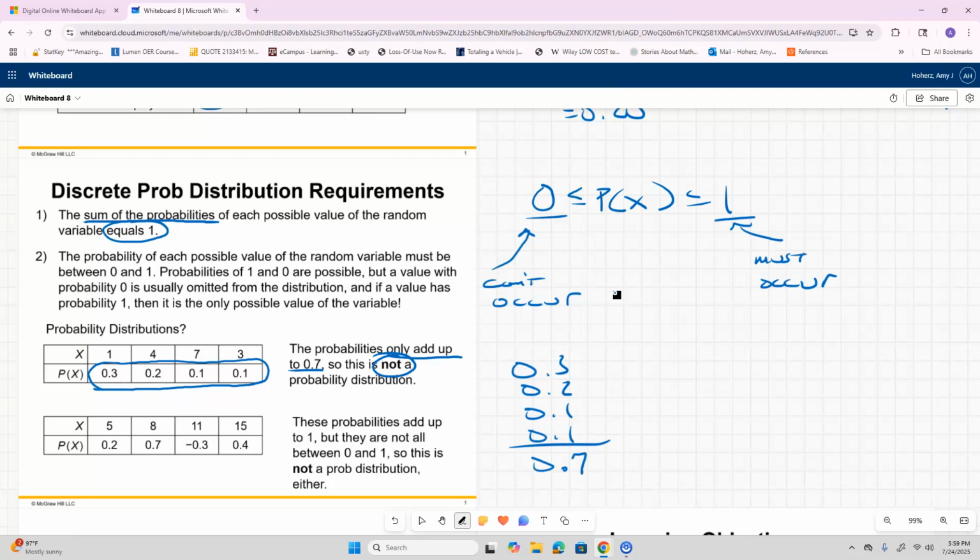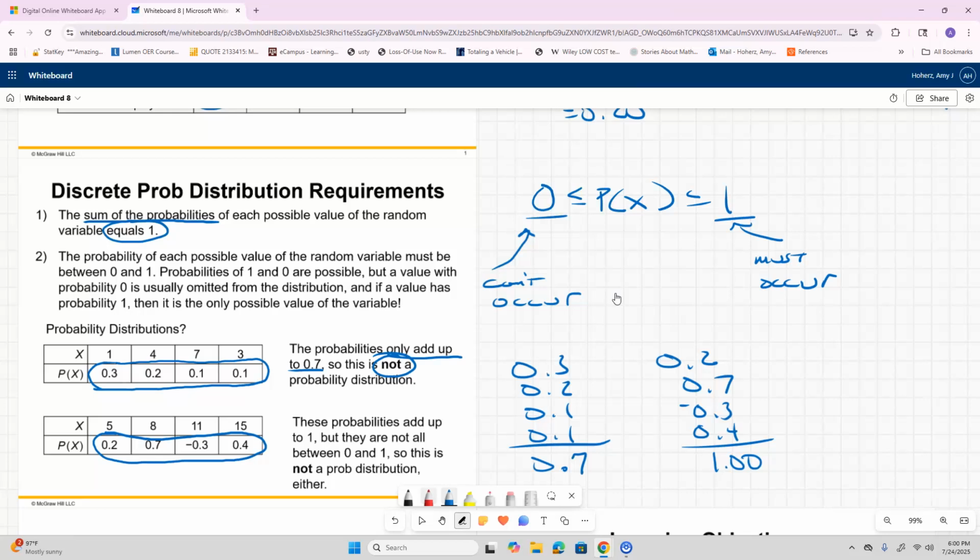On the second one, again, we really don't care about the top. We're really just looking at these bottom numbers. So let's see. 0.2 plus 0.7 plus negative 0.3 plus 0.4. Now you have to be careful, because this gets us 0.9 minus 0.3 is 0.6, plus 0.4 would be 1. But that's not the only thing we're looking at, remember.